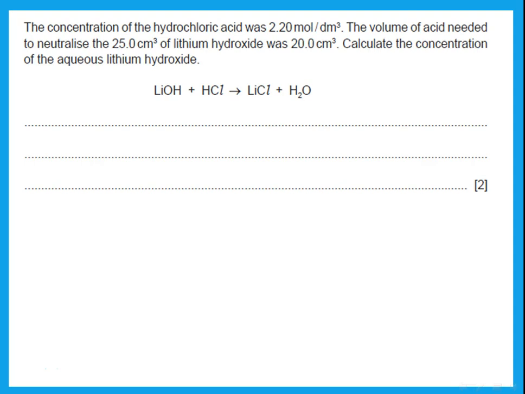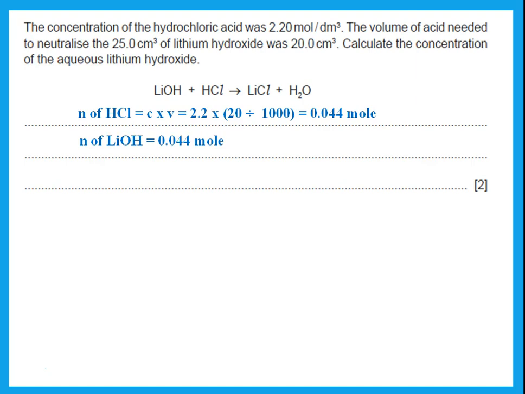So for the acid, I have concentration and volume, so I get the number of moles. Number of moles is concentration times volume. Again, volume has to be divided by 1000, so I get this number of moles. Okay, so from the equation, I need to relate the number of moles of lithium hydroxide. Well, the equation says 1 to 1.